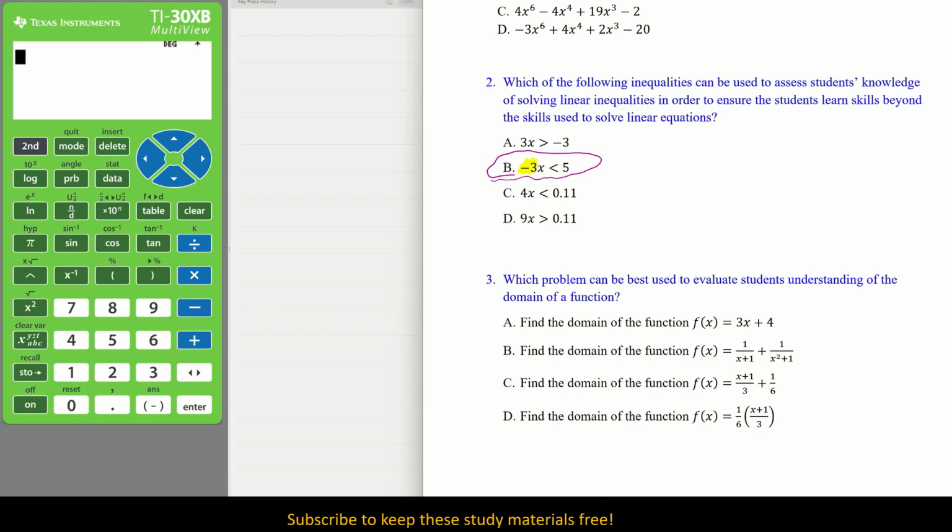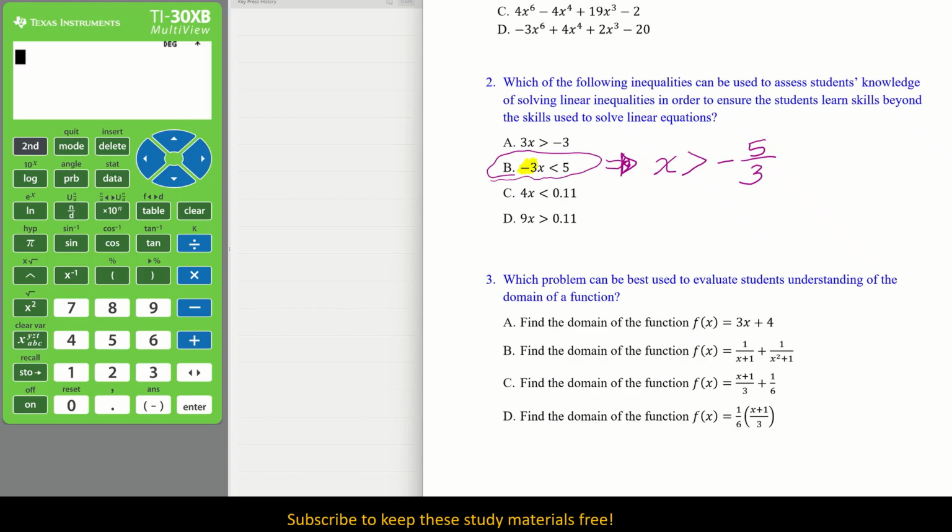And we all know that if you multiply or divide an inequality by a negative, it changes the inequality. So what you would actually have here is x greater than -5/3, which then when you go to graph it, I would also ask them to graph, it switches things around the direction of the graph.